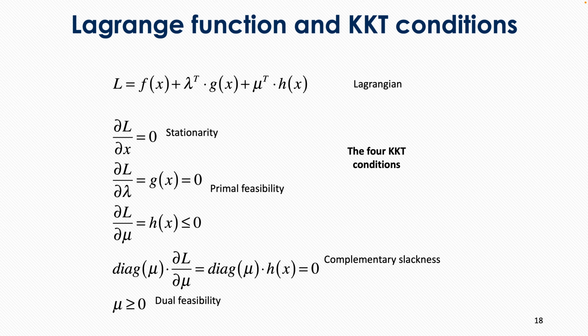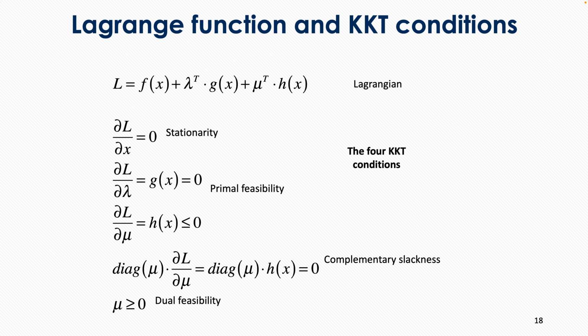We have two constraints, each with a parameter that we have to solve for. So we have 4 unknown values. In order to solve that, how many equations do we need? At least 4 equations. And those come out of what are known as the KKT conditions.